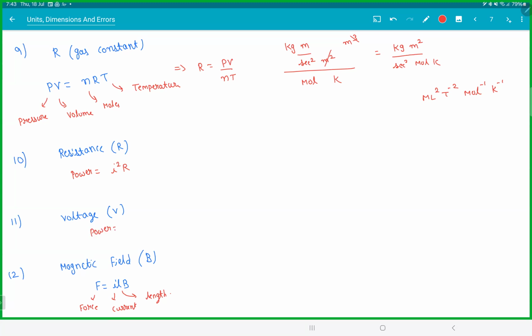Power is V into I, and I square R. Remember these things you studied in school. Use that. So basically, no matter what I give you, always try to get a formula in terms of mechanics. Like I said, you don't know most of the formulas right now, but that's okay. Try, finish up, I'll give you a minute more. Get the resistance, voltage and magnetic field.